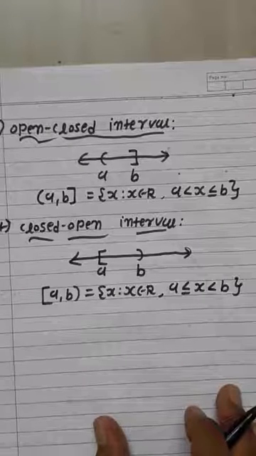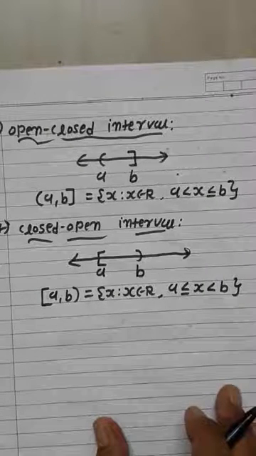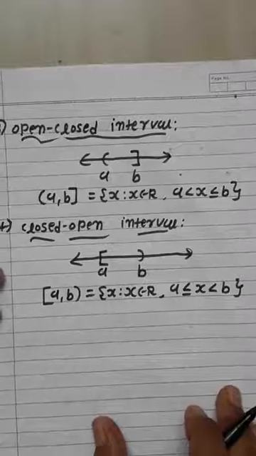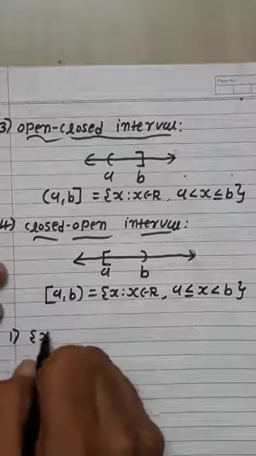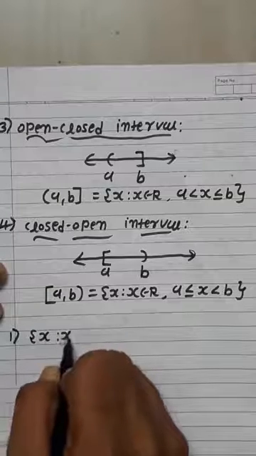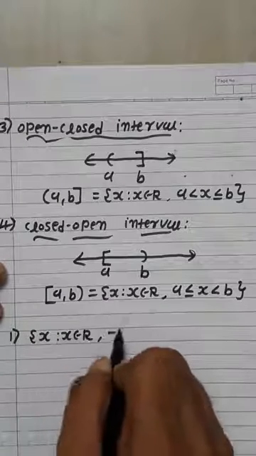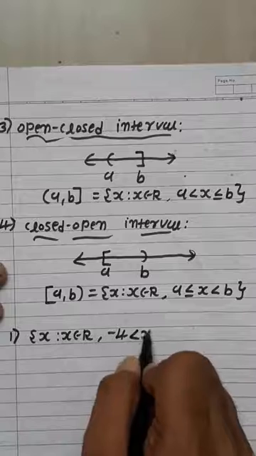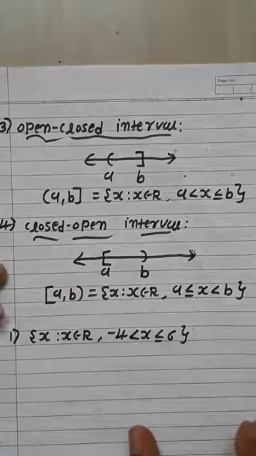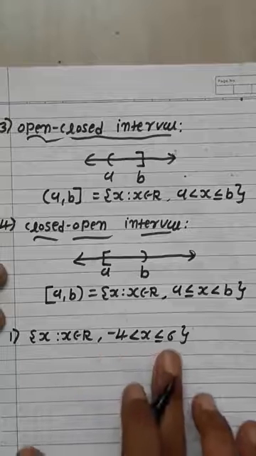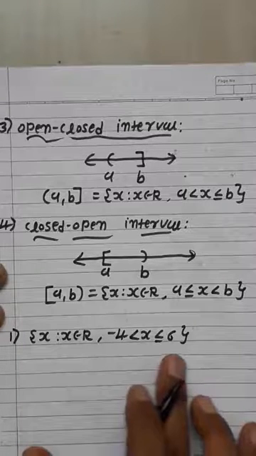Now, related to this topic, we discuss 2-3 examples. First example: set of x, where x belongs to R, minus 4 less than x less than or equal to 6. Write down this set-builder form into interval form.